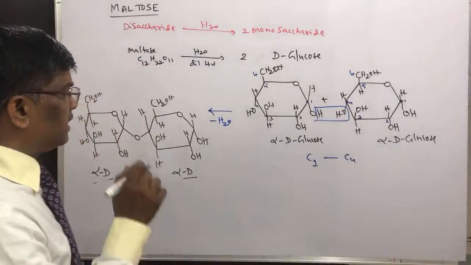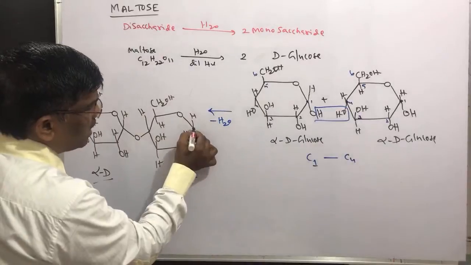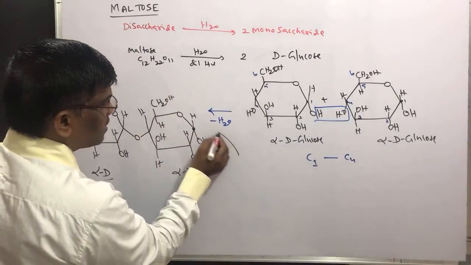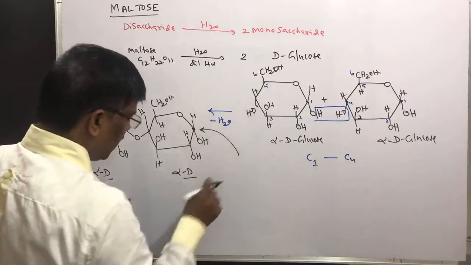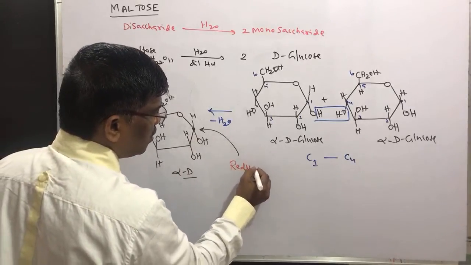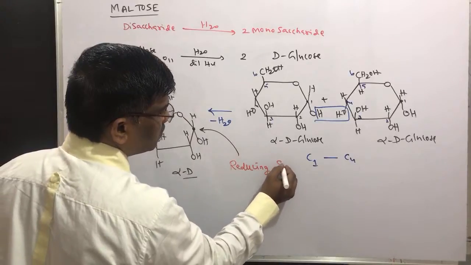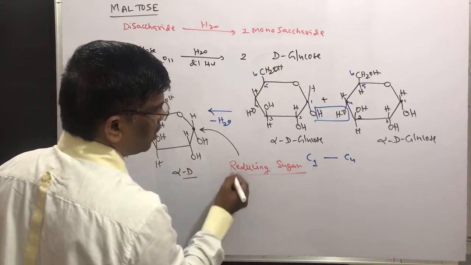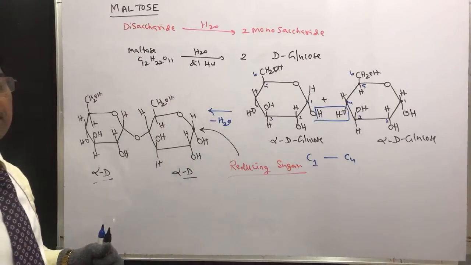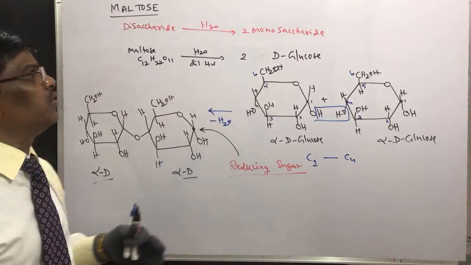Similarly, this compound also has this hydroxy and ether. So because of this group, it is a reducing sugar. Maltose is a reducing sugar. It is very, very important, students. A reducing sugar reduces Tollens and Fehling's solution.